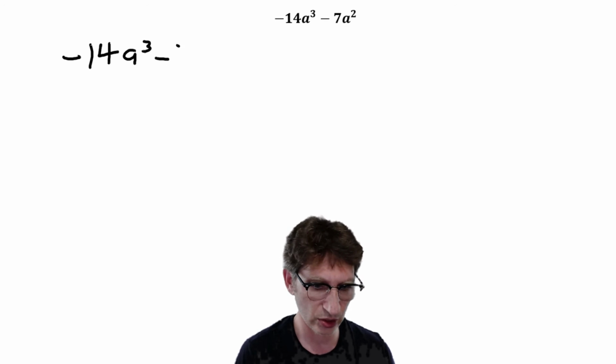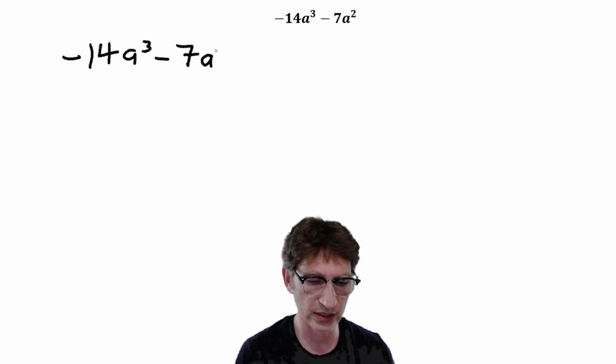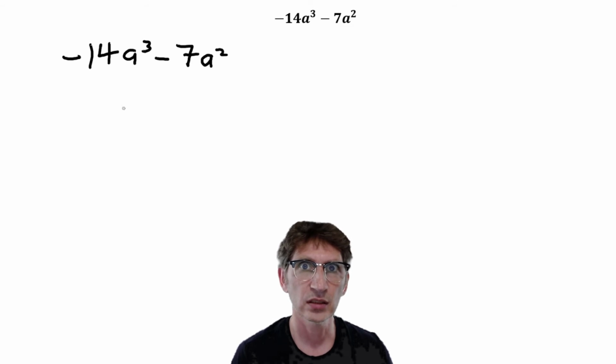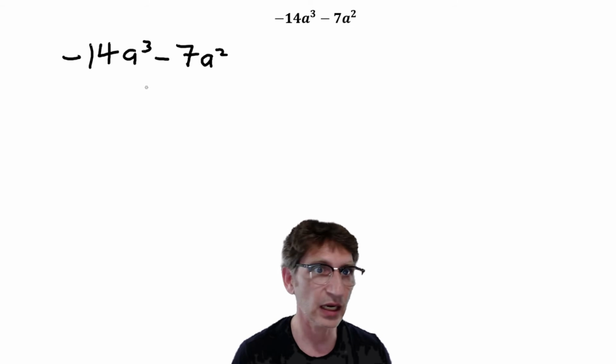All right, here we go. Negative 14a to the third minus 7a squared. Ugh, a negative, yuck. I don't want to deal with the negatives here. So the first thing I'm going to do is pull out the negative.